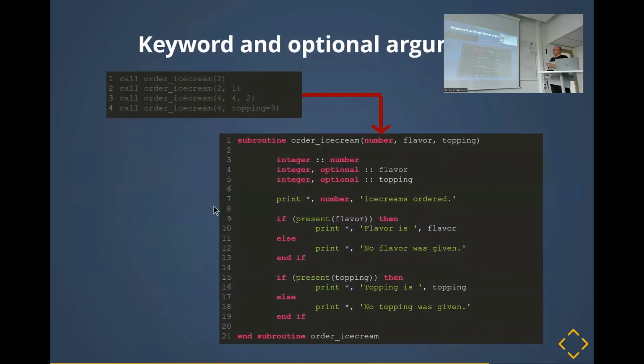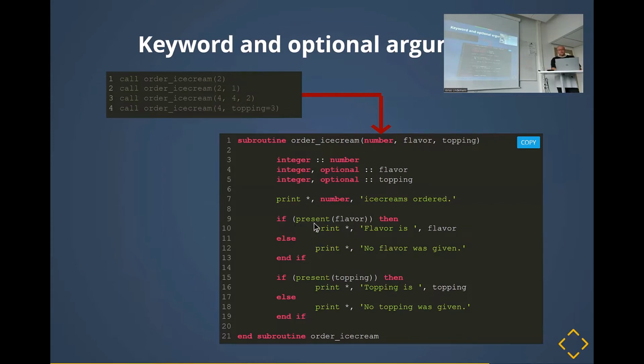So here is an example. We have 3 parameters here to our subroutine. The first argument here is non-optional, so it has to be given. Then we have 2 additional arguments here with optional attributes. So you don't have to specify those if you call this subroutine. But the subroutine needs to be able to check: is this subroutine called with this argument?